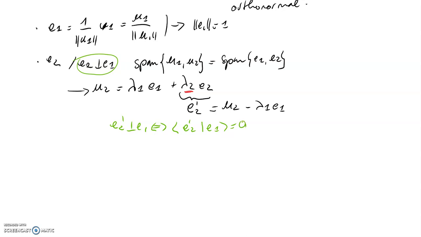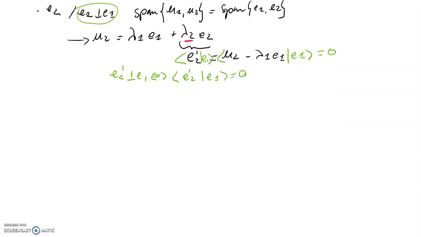So let's make this on the previous line. Let's take this inner product with E1 and that should be equal to 0 because the left hand side is equal to 0.